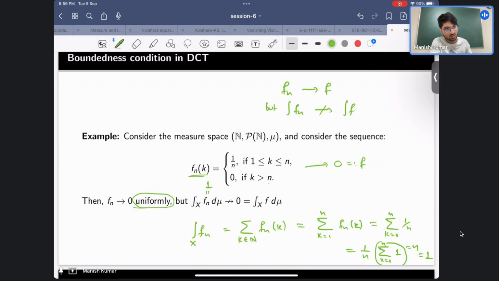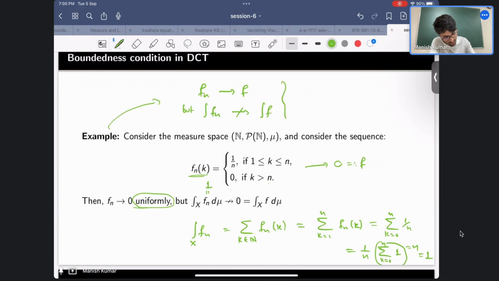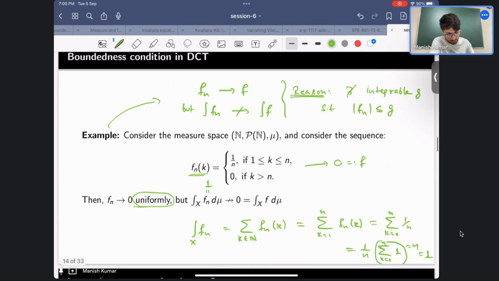The reason is that mod fn you cannot bound: there does not exist an integrable g such that mod of fn is less than or equal to g. That is the reason for this failure, and that's why this condition is very important.